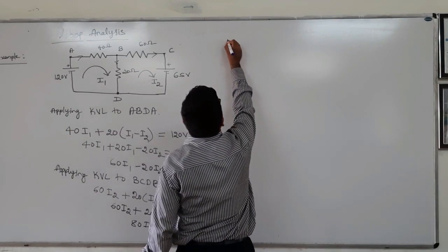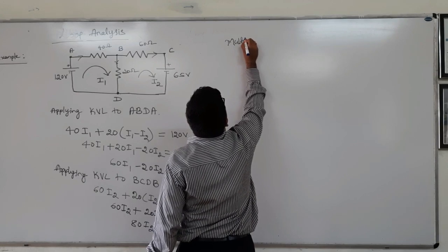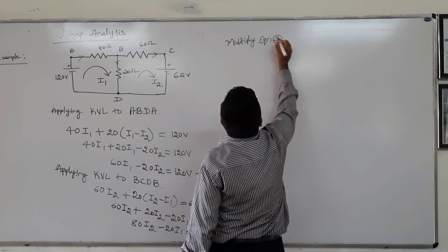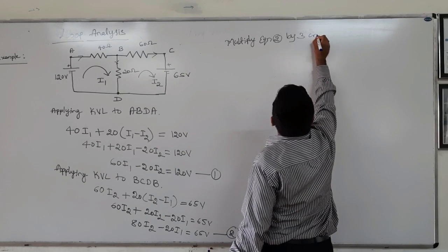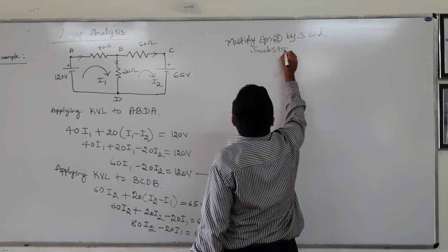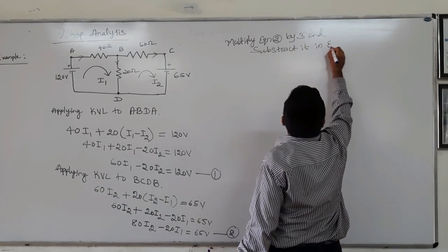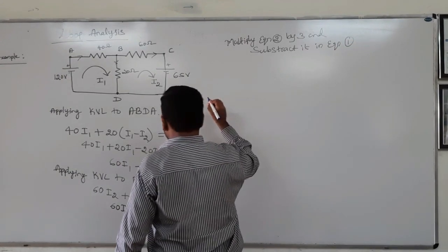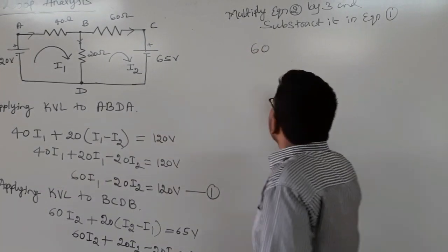Then multiply equation 2 by 3 and subtract it in equation 1. Okay, so keep equation 1 as it is.